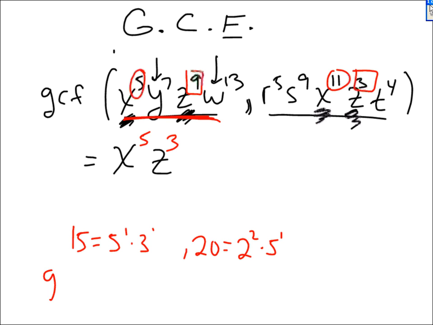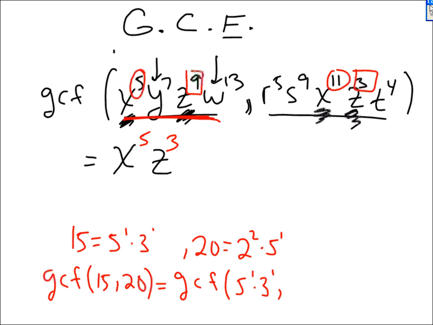So, in finding the GCF of 15 and 20, we're really finding the GCF of 5 to the 1 times 3 to the 1 and 2 squared times 5 to the 1. And the common base was 5, and between 1 and 1, 1 is the smaller one. 5 to the 1 is 5.